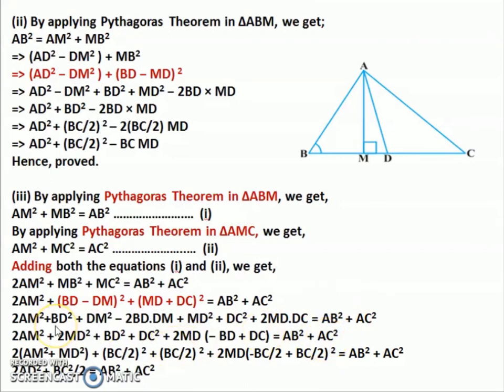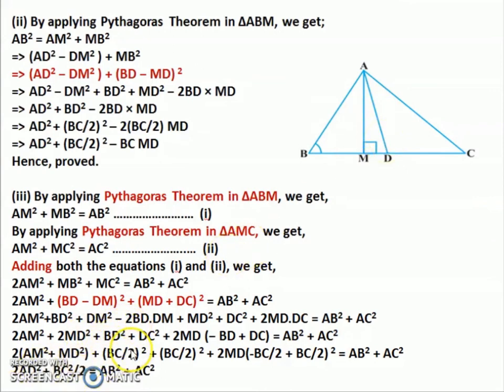Now here we can combine these two, 2 AM square plus 2 MD square, 2 can be taken common, and we know that AM square plus MD square is nothing but AD square. So this we can see from the figure, AM square plus MD square is AD square. So we have replaced it.